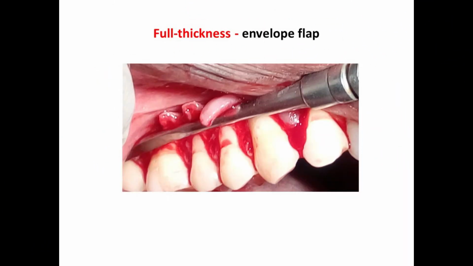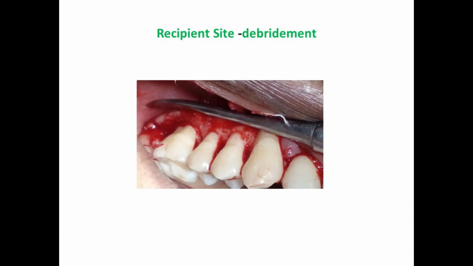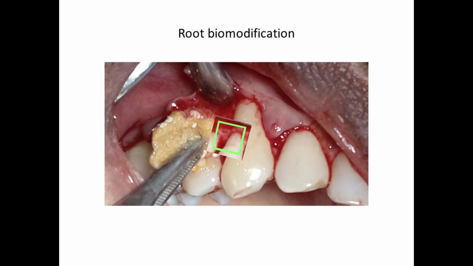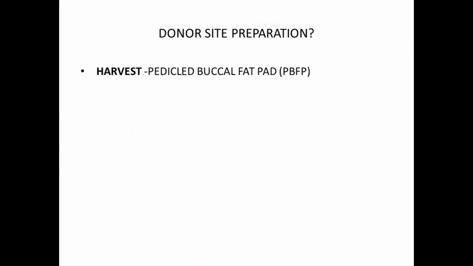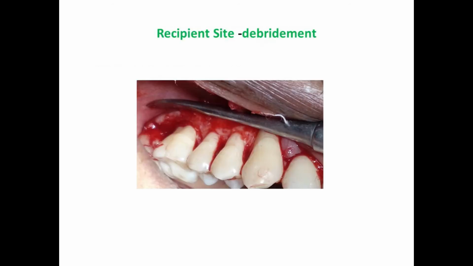After the sulcular incision, we elevated a full thickness envelope flap. No vertical incision was made, only an envelope flap, and the recipient site is debrided well. Root biomodification is done. Let's now see how we harvested the pedicle buccal fat pad from the donor site.